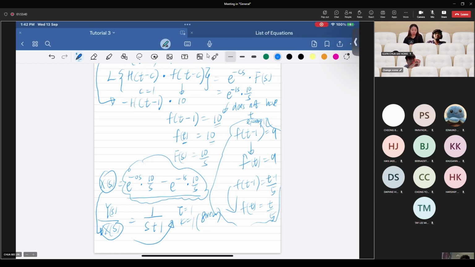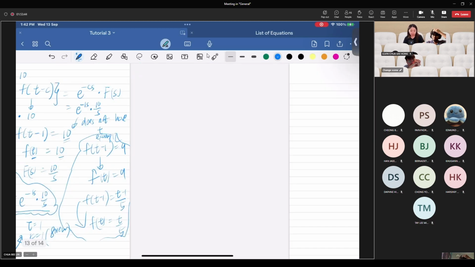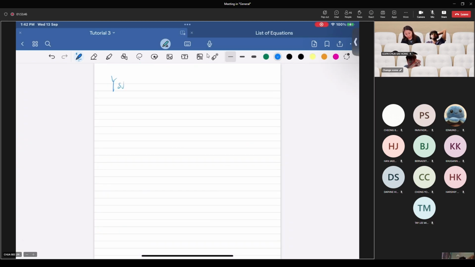Okay, so now your S(s) already moved to the right hand side. Then you'll be having Y(s) equals 1 over (s+1), and this is your S(s). You move it here. You're having 10 over s.